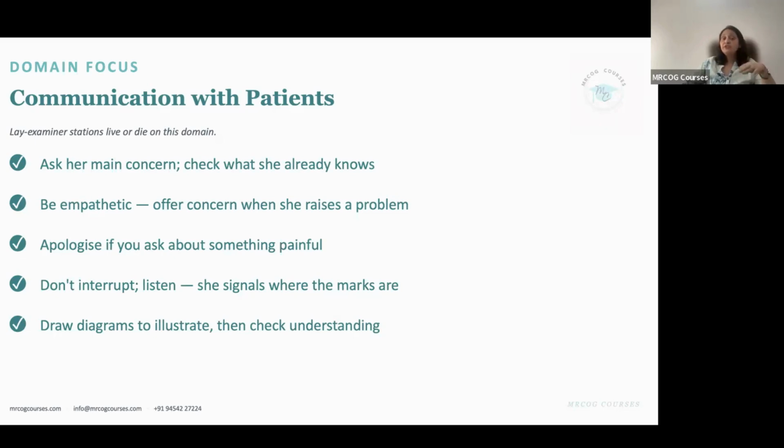Whenever she is distressed, you have to stop and acknowledge that. So first thing is acknowledge: yes, something is going on which needs attention. Then apologize. If you ask about something painful, do not interrupt. Listen to the role player. Sometimes she is speaking and you have some points in your mind, so you are on to 'I have to finish these points.'